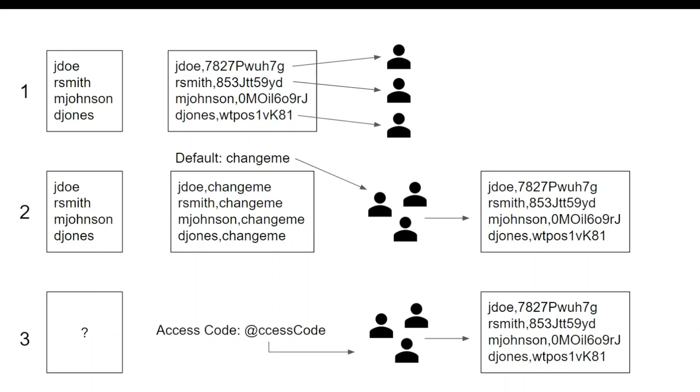All right, the third approach we have here is, let's say you don't know what users are going to show up. For example, let's say you're doing a one-time conference, or let's say you're kind of lazy. You don't want to put together a list of usernames of all the users that are going to be attending your class or all the students that are going to be in your class.